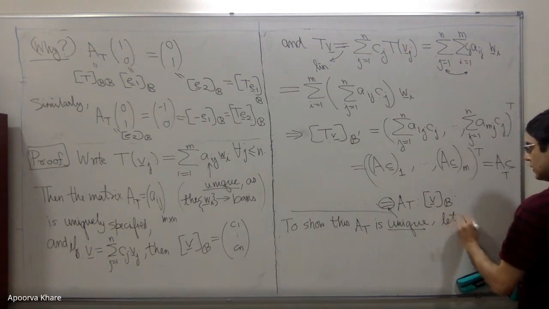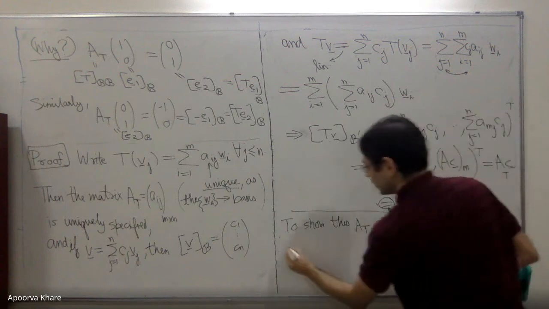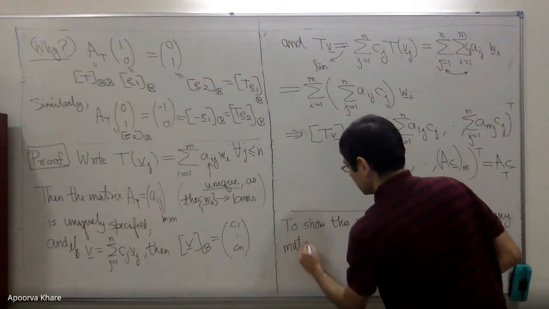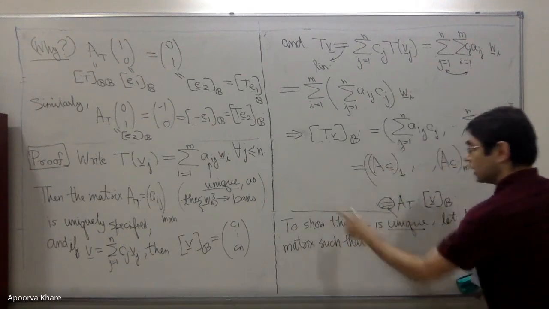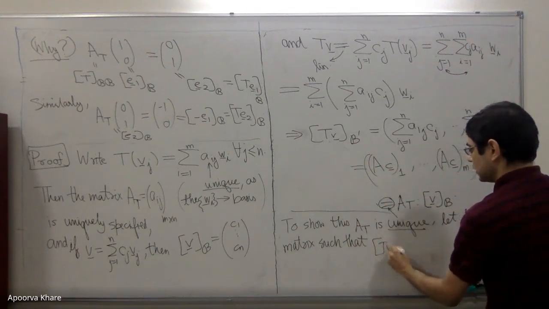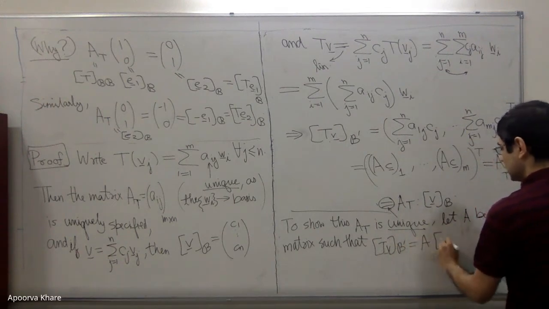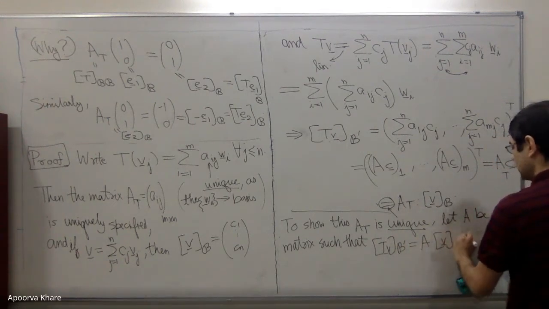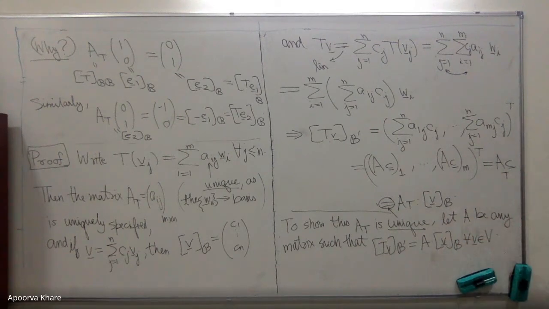Let A be any other matrix, such that this happens: TV B prime equals A times BB for all B in B. Now what do you do? Well, now what you do is the following. One second, let me write this down.